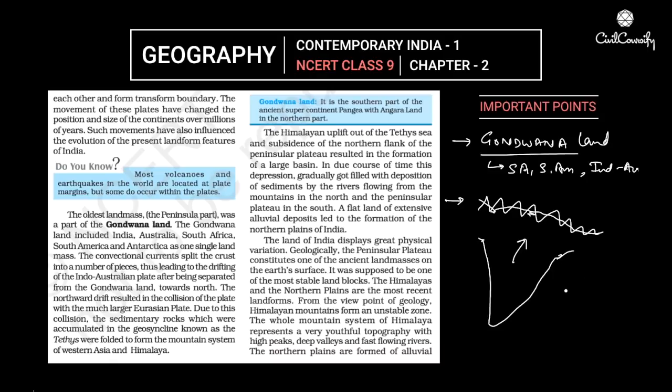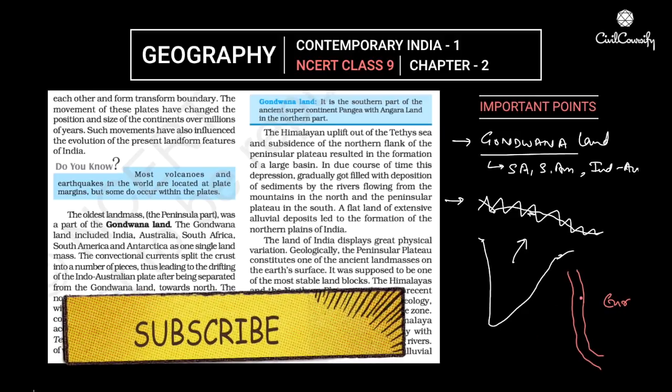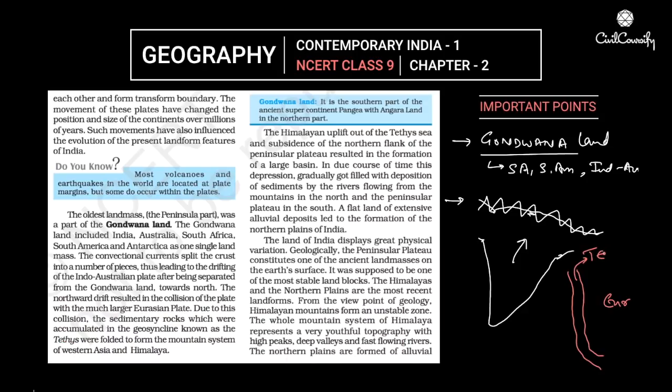If this was the Eurasian plate, and this was the Tethys Sea, when the Indian peninsula, the Indo-Australian plate, struck the Eurasian plate, the Himalayas uplifted here.